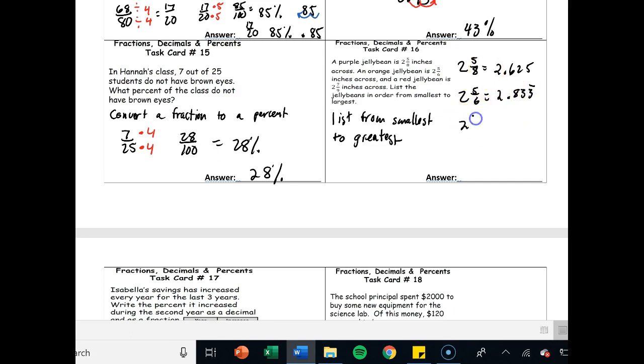And then 2 7/9 looks like it's 2.77777, ends in an 8, but that's what the calculator does, 7 repeated. So now we just want to pick the smallest one. So they all have 2 in their ones spot. Then it looks like this first one has a 6 in its tenths spot, so that's the smallest one. So it's 2 5/8, followed by 2 7/9, because 8 is larger than 7, and ending in 2 5/6. Right, that's it.